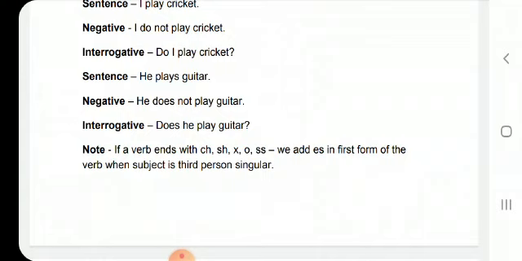It may be Ram, Sham, Amit, whatever it is. For example, I go to school, but if third person singular is there, he goes to school. Here we have added es in the first form because go ends with o, and that is why we have added es. He goes to school.